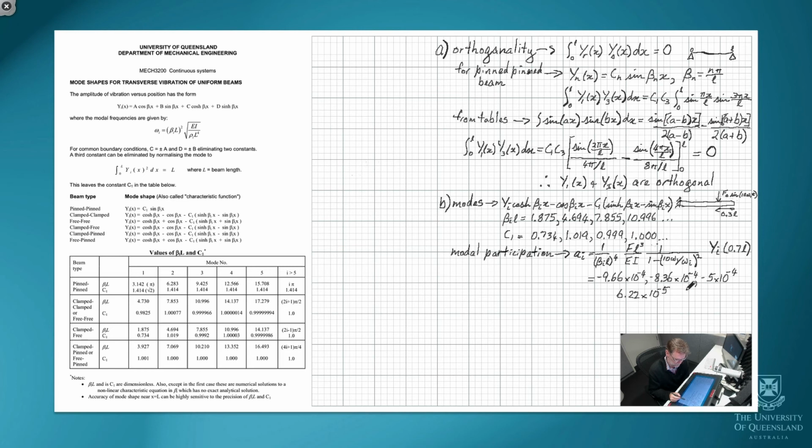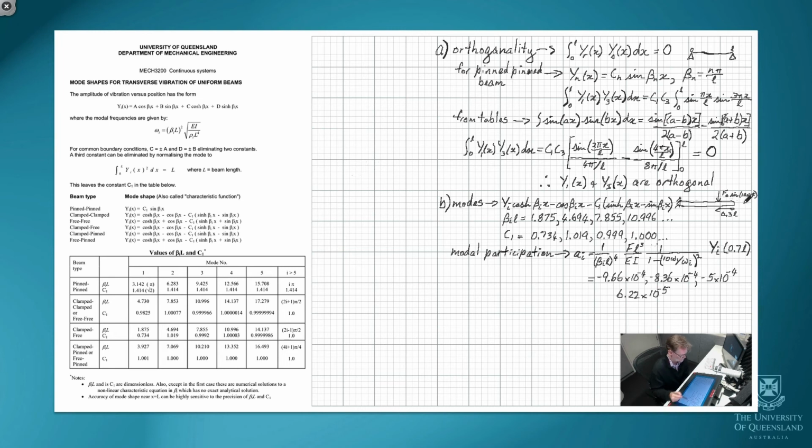And if you evaluated the fifth mode, you'll find this number gets smaller and smaller. So you can see there's a 10 times smaller contribution between the third mode and the fourth mode. And there's a few reasons for that. Firstly, the frequency is 10 times the first natural frequency.